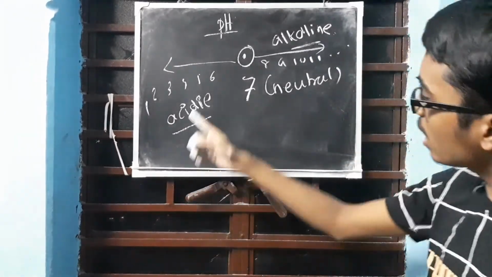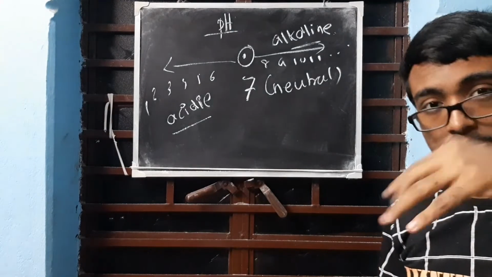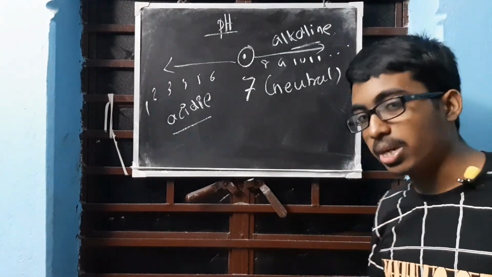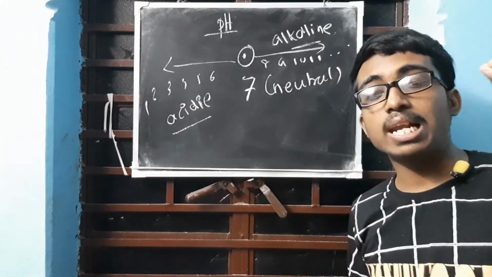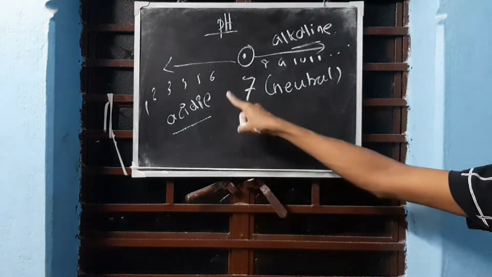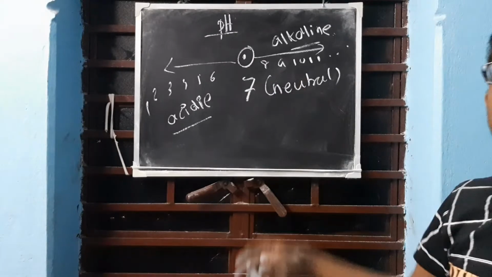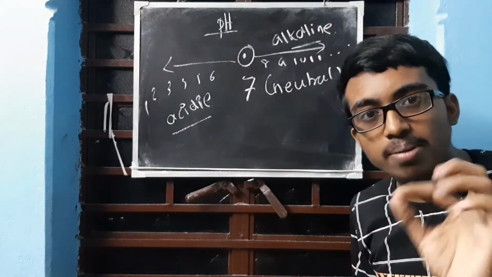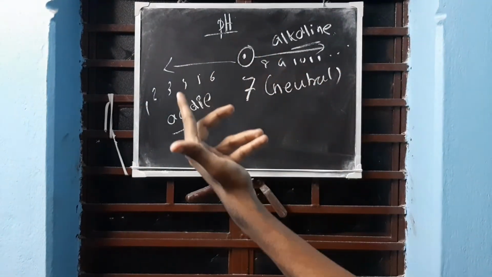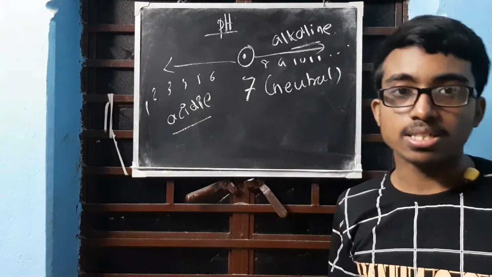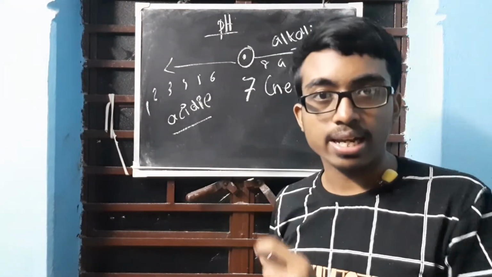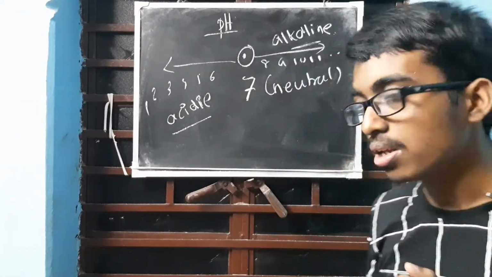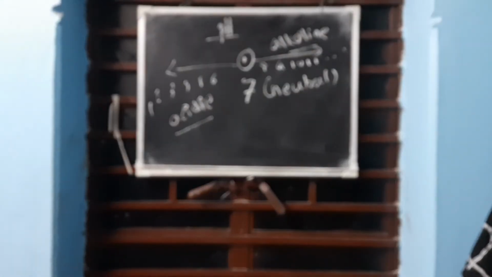If the substance has a pH of, let us take, 6.5, it is slightly acidic. If something has a pH of 8.2, slightly basic. If someone has a pH of 2.1, very acidic. If it has a pH of 13.2, very alkaline or very basic. Clear? These are the type of questions that are often asked from here.